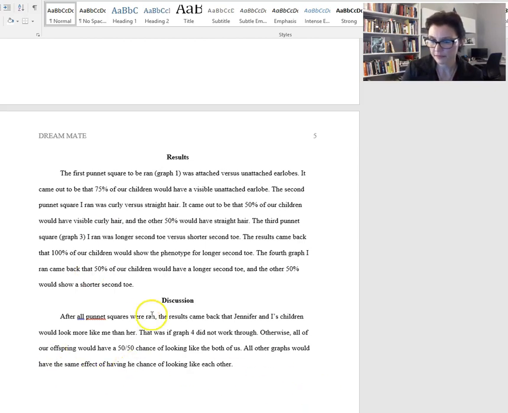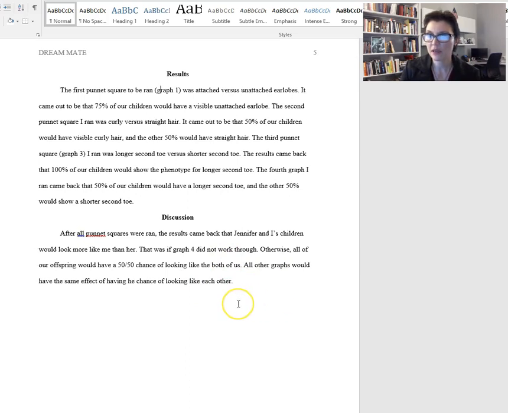I would say after all Punnett squares were run, the results that came back were that an offspring from Jennifer and I, or if you want to say, my and Jennifer's children, would look more like me than her.